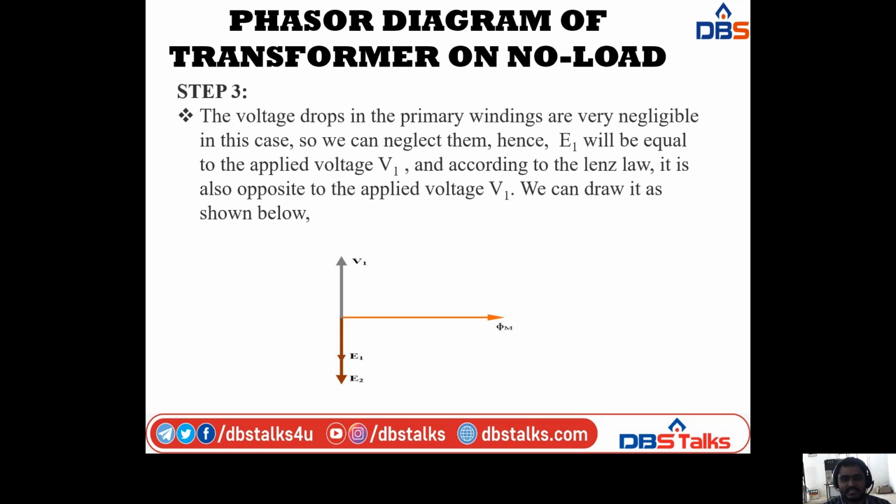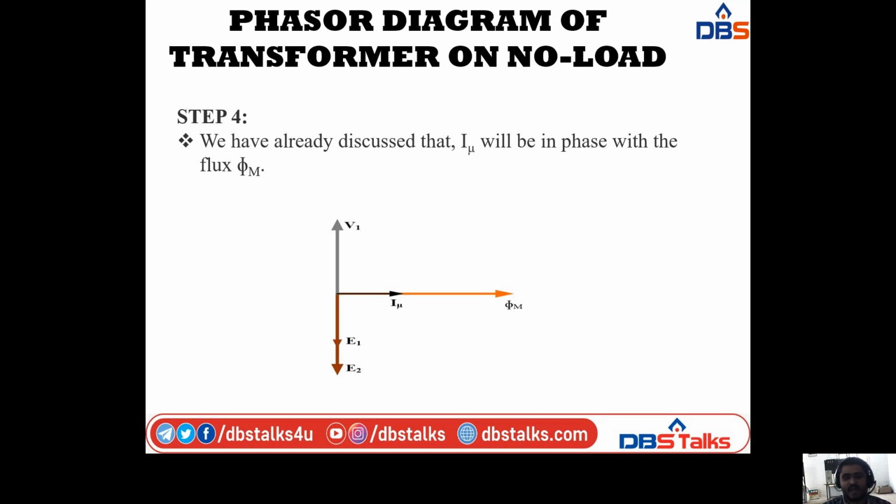Okay, so this is step 3, and coming to step 4. We have already discussed that I mu will be in phase with the flux phi m. I already discussed this in the components of I naught: the working component and the magnetizing component. The magnetizing component will be in phase with the flux phi m. That's why I draw the I mu line in the reference phase of phi m.